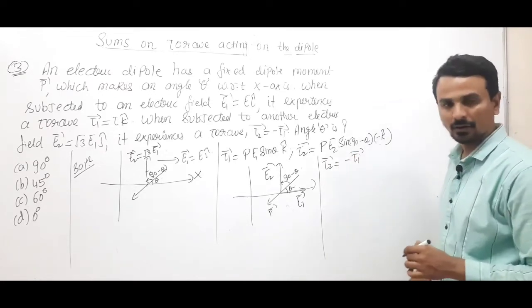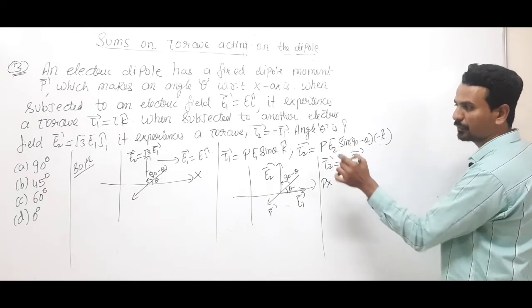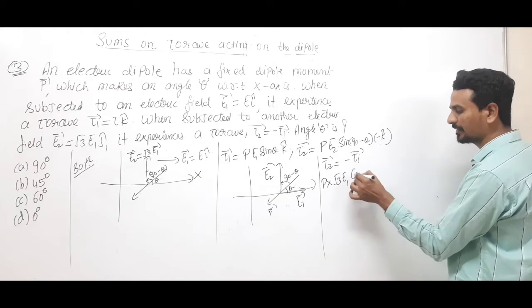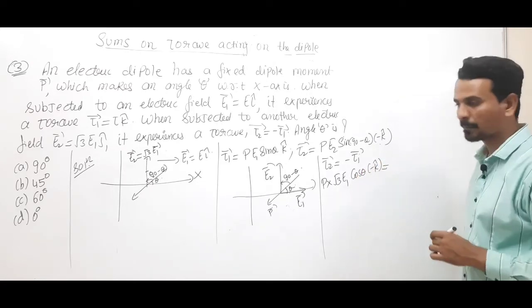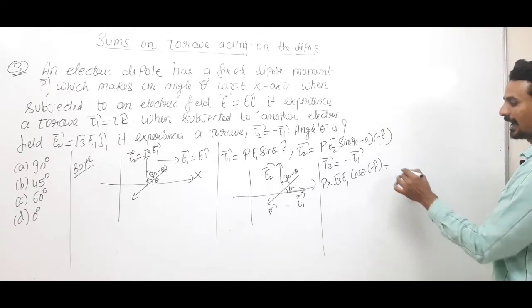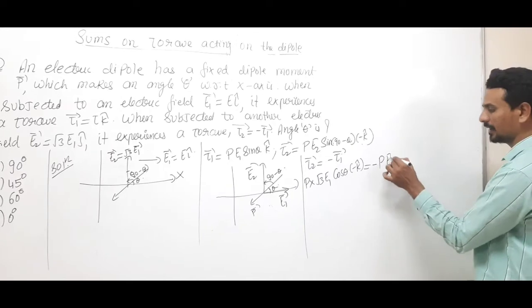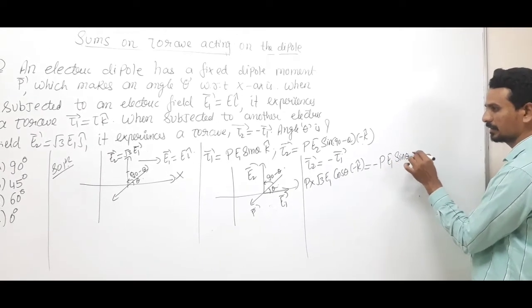Okay, this is given. So τ2 will be P into E2, and E2 is root 3 E1. Okay, and what is sin(90 minus theta)? Cos theta, minus k̂, equals minus of τ1. τ1 will be P E1 sin theta k̂.